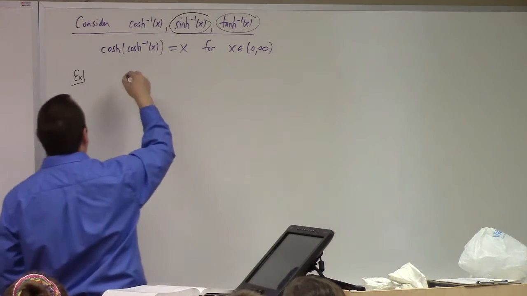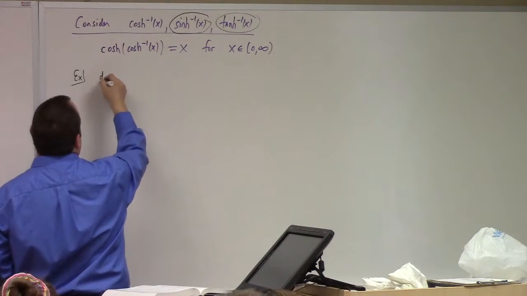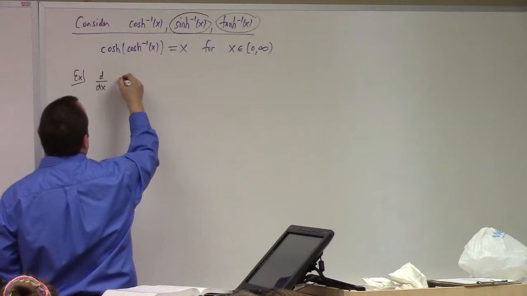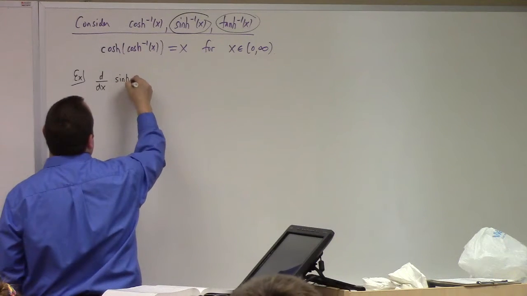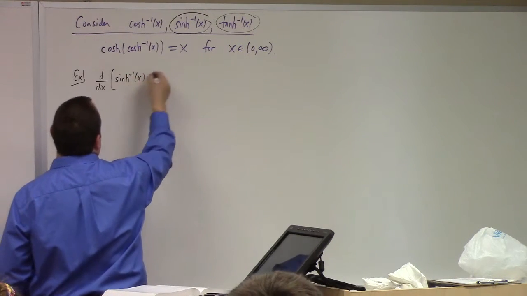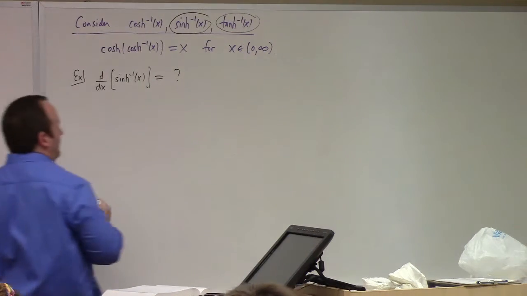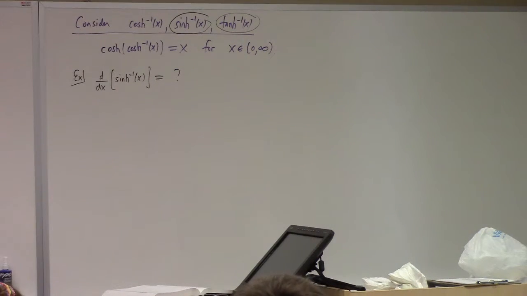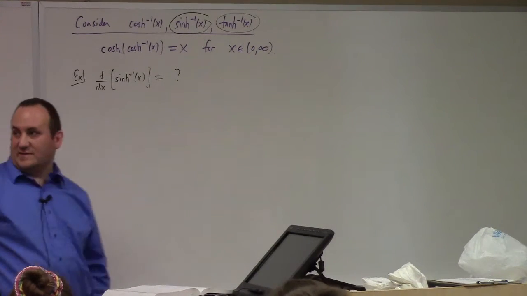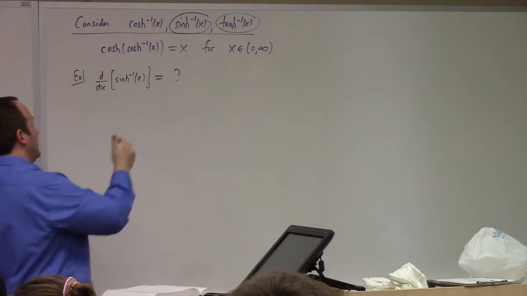Sometimes I assign these in homework, but so to calculate the derivative with respect to x of sinh inverse of x, what do we do? 1, 2, 3. This will be our 4th time doing this technique in here. I did it once at the start of today. We're doing that again.